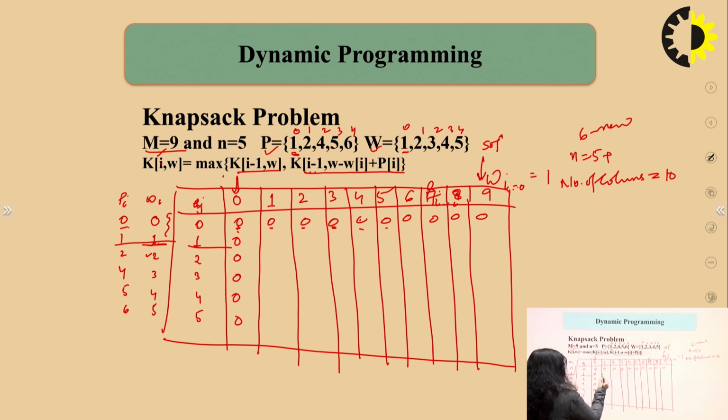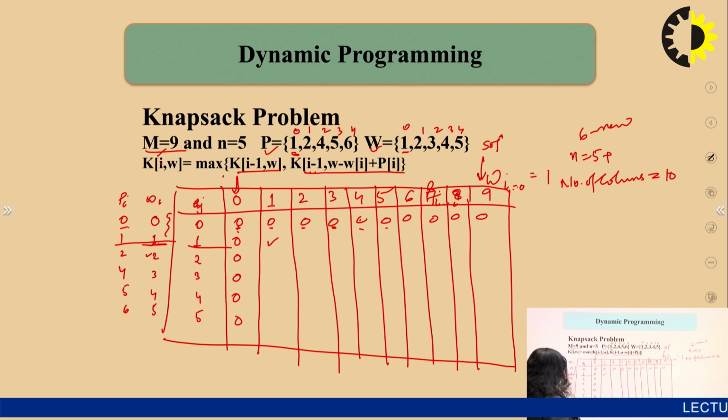For example, if my knapsack capacity is 1 unit, I can accommodate an object which has 1 unit weight here, and what profit can I make here? The maximum is 1. I can only add this first object here, and it will satisfy the weight capacity constraint of the knapsack, and then I will get 1 unit of profit.